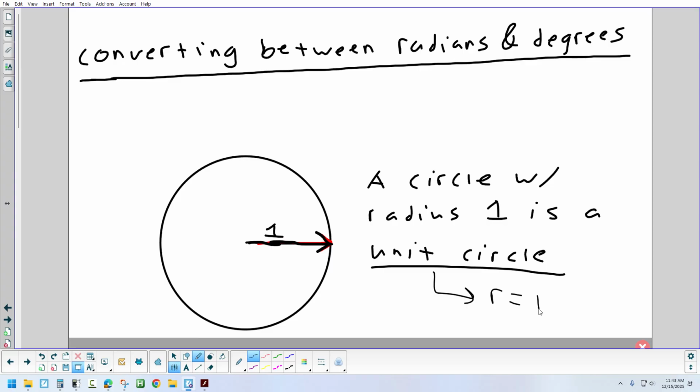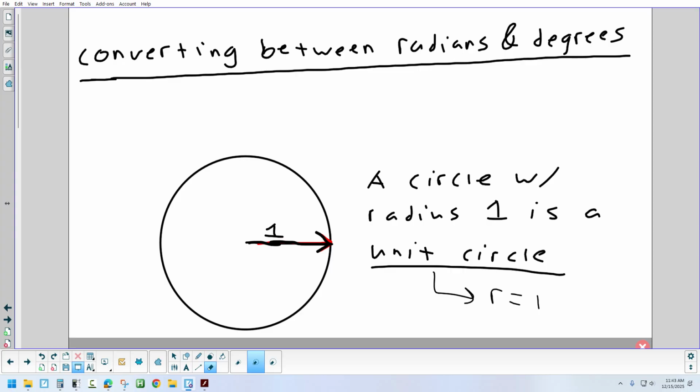It doesn't matter, 1 foot, 1 inch, 1 mile, whatever you want, 1 unit. And we're going to try to figure out a connection between a certain number of degrees and a certain number of radians.